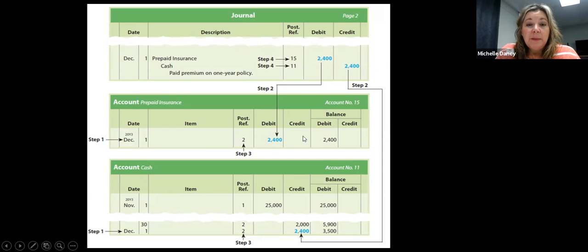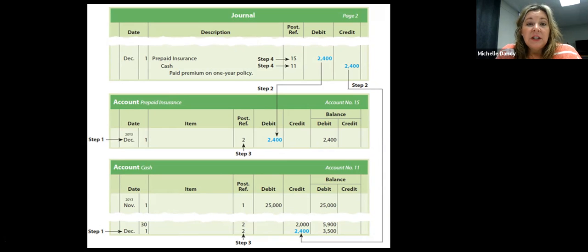So we have our debit and credit column, and then we have our balance debit and credit column. If this is the very first entry, because there was no previous numbers in this prepaid insurance account, it had a balance of 0. And so if I have a debit of $2,400, then I know my new balance is going to be a debit of $2,400.